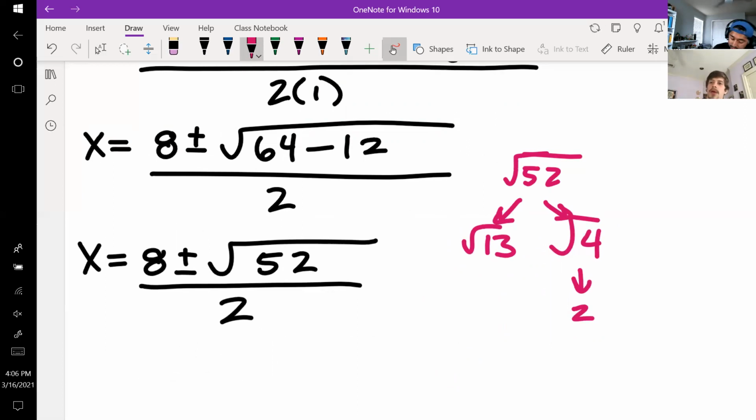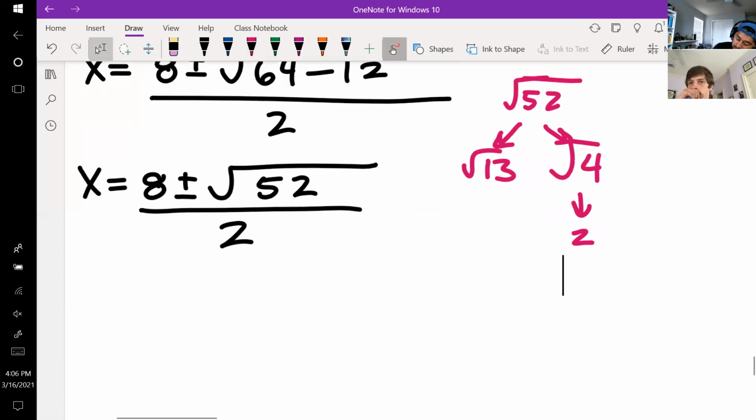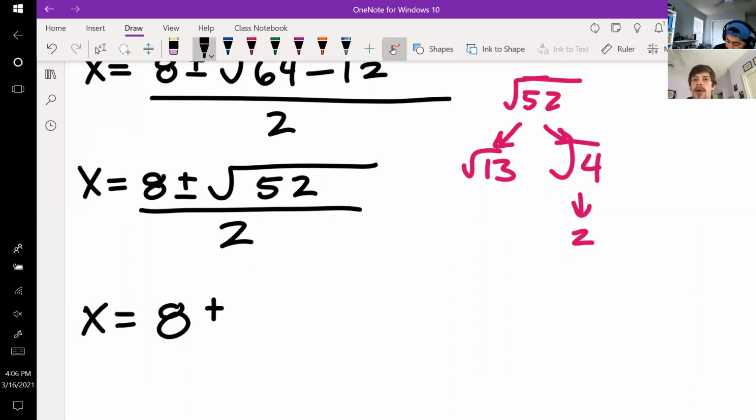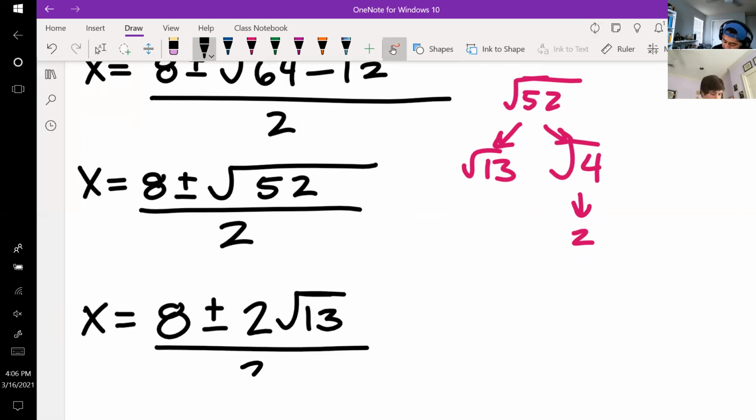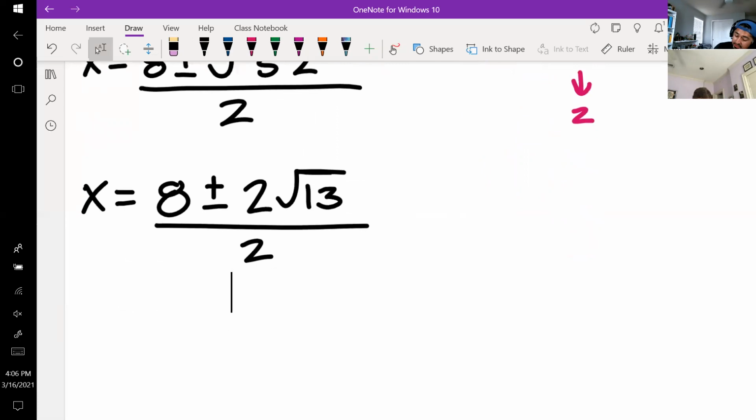Cool. All right. So it's not, like I said, wrong to choose the other ones. It's just more work. So this would become 2 square root 13 over 2. And reduce everything by 2 except the radical.